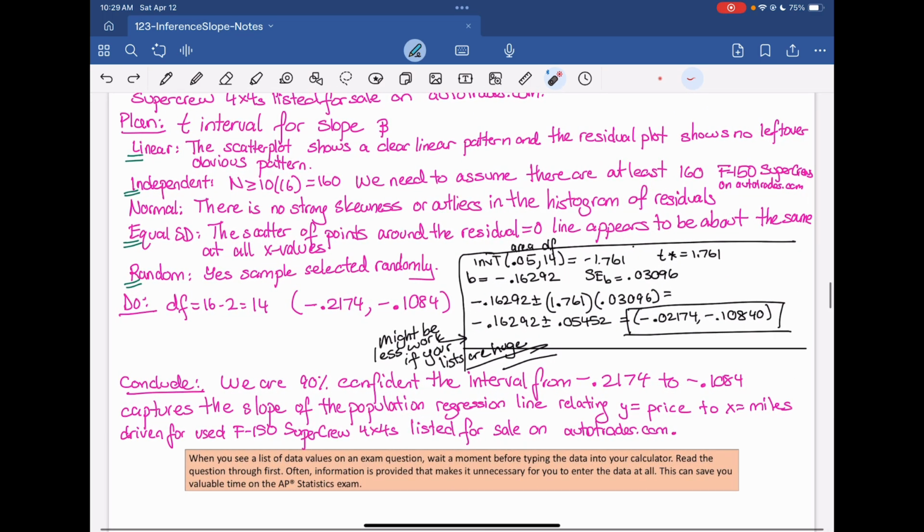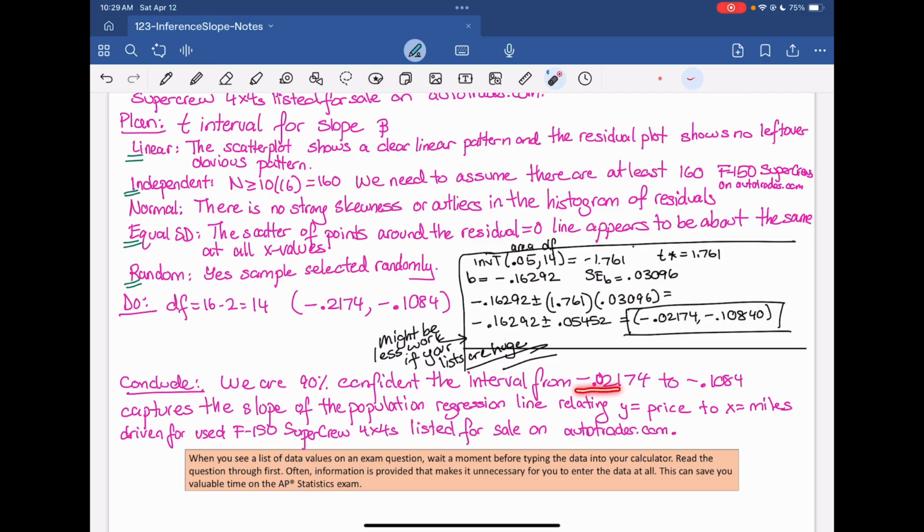All right, and then we finally conclude. We are 90% confident the interval from negative, there's a 0 there. I have to re-upload this file. It's too many mistakes.